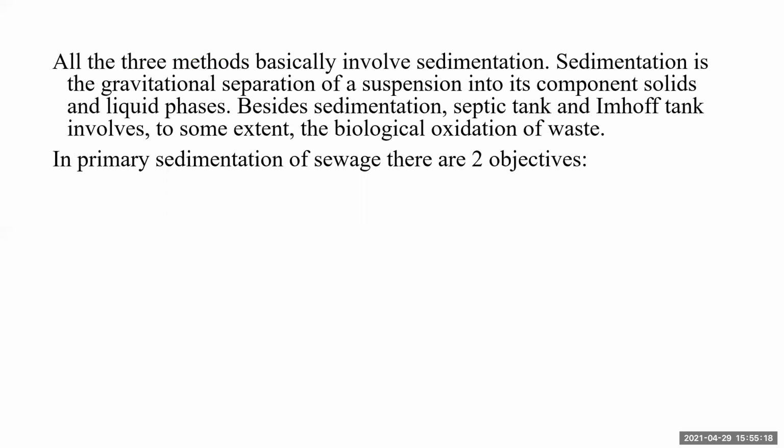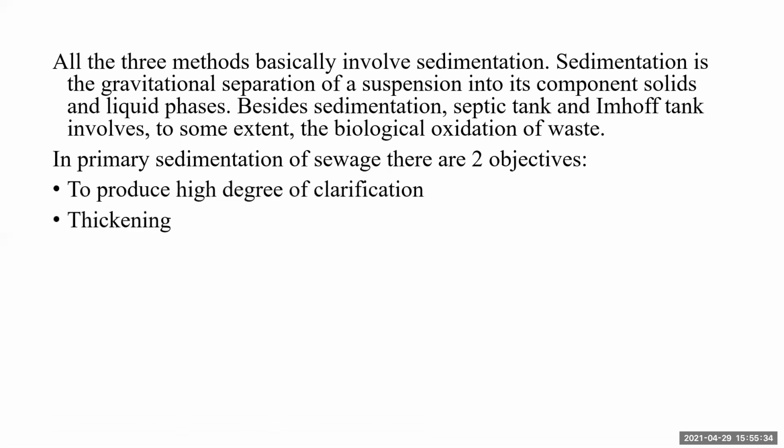Besides sedimentation, the septic tank and Imhoff tank to some extent also involve the biological degradation or biological oxidation of the waste. The primary sedimentation process serves two objectives. Number one, it is done to achieve a high degree of clarification and thickening.